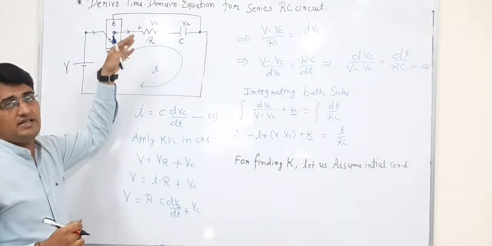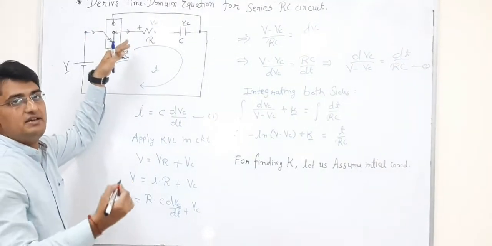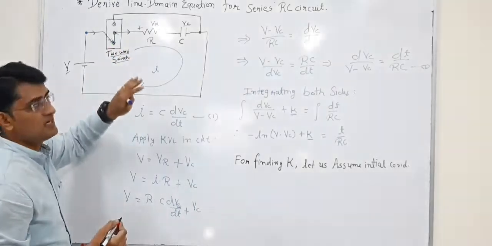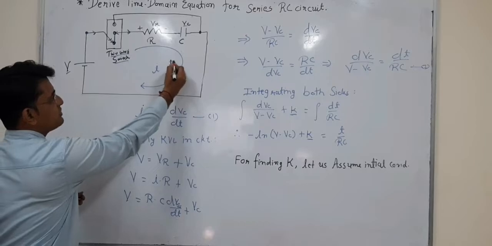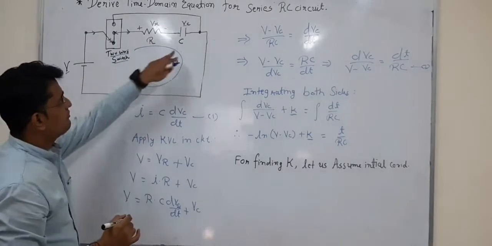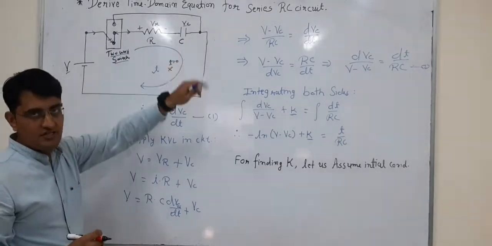Before that, let's say at time t equals 0, there was no current flowing in this circuit, and the voltage across the capacitor Vc is also 0.